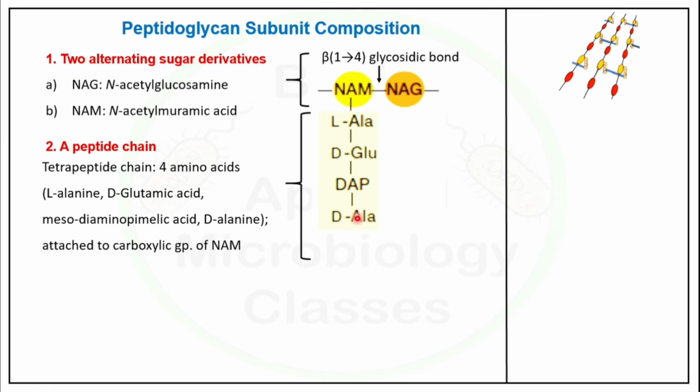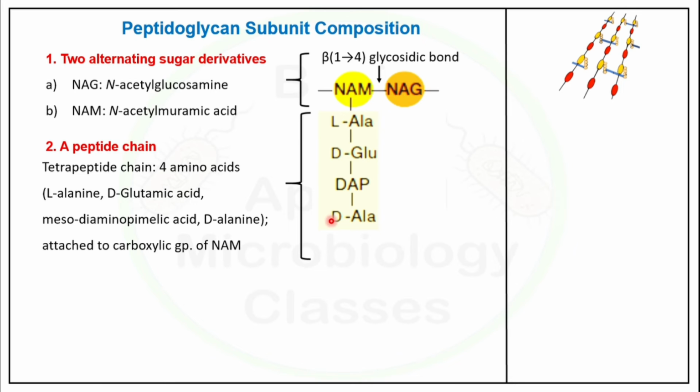Another important question, or the point you can learn from here, where sometimes students get confused: the tetrapeptide chain is attached to NAG sugar or NAM sugar? Then you should always keep in mind that it is attached to NAM, right? NAM through the carboxylic group of the NAM, right? Here I have also mentioned the tetrapeptide chain containing four amino acids is attached to the carboxylic group of the NAM, right?